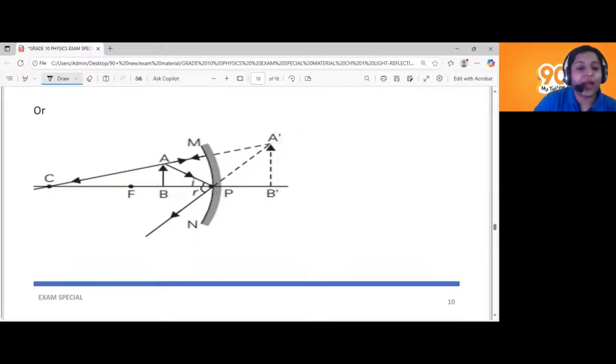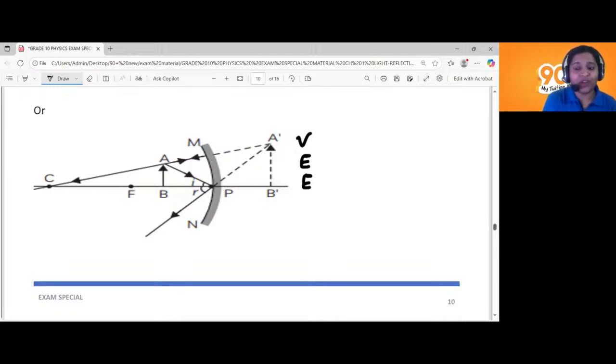The second ray travels through the center of curvature only. These two rays meet behind the mirror, forming a virtual, erect, enlarged image. Any one method is enough.